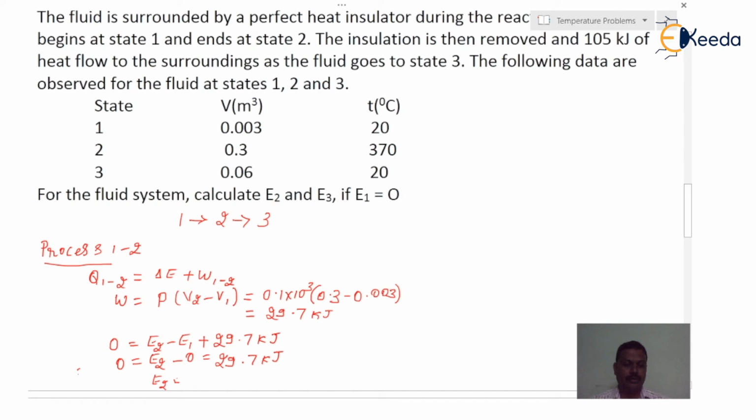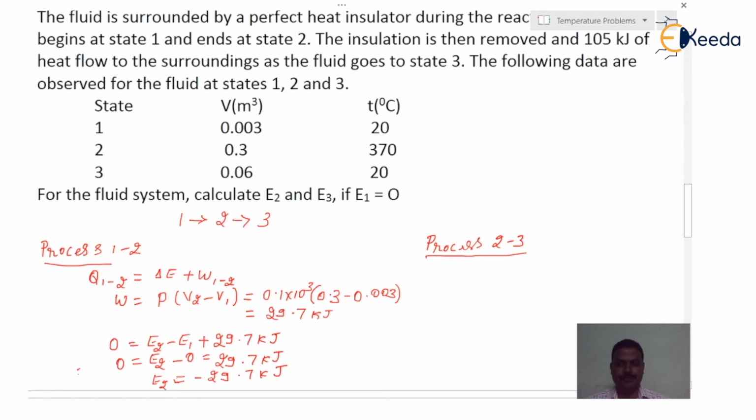So we have already calculated E2. Now in process 2 to 3, there will be a heat interaction of 105 kilojoules.